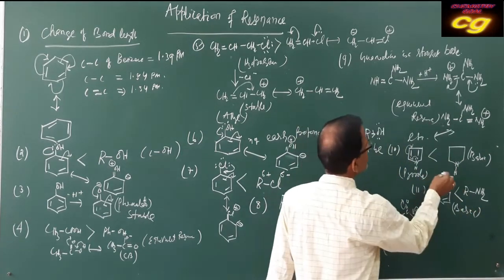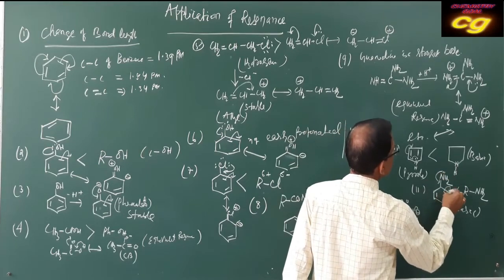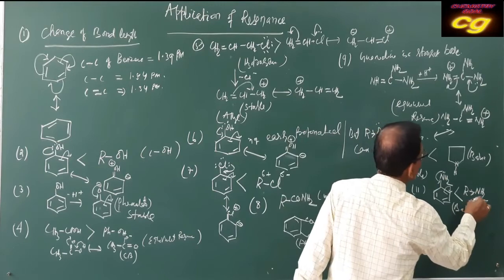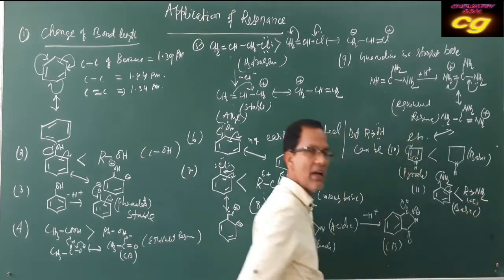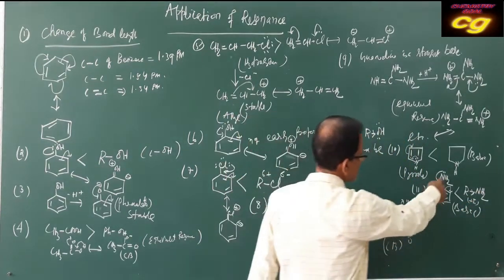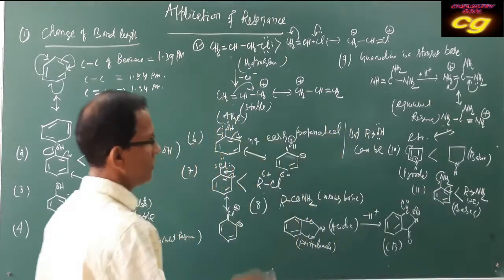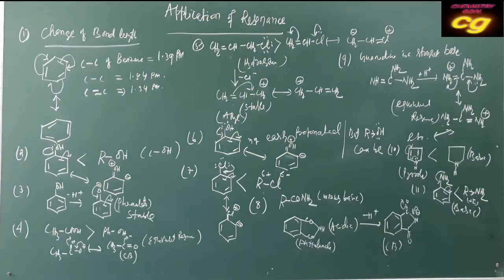Why? Because it has resonance. Electron density on nitrogen decreases, but in the alkyl amine it has a plus I effect. As it has a plus I effect, electron density on nitrogen increases. Here the electron density on nitrogen decreases due to resonance. So this is the important application of resonance. Where you will utilize it depends upon how the properties change.